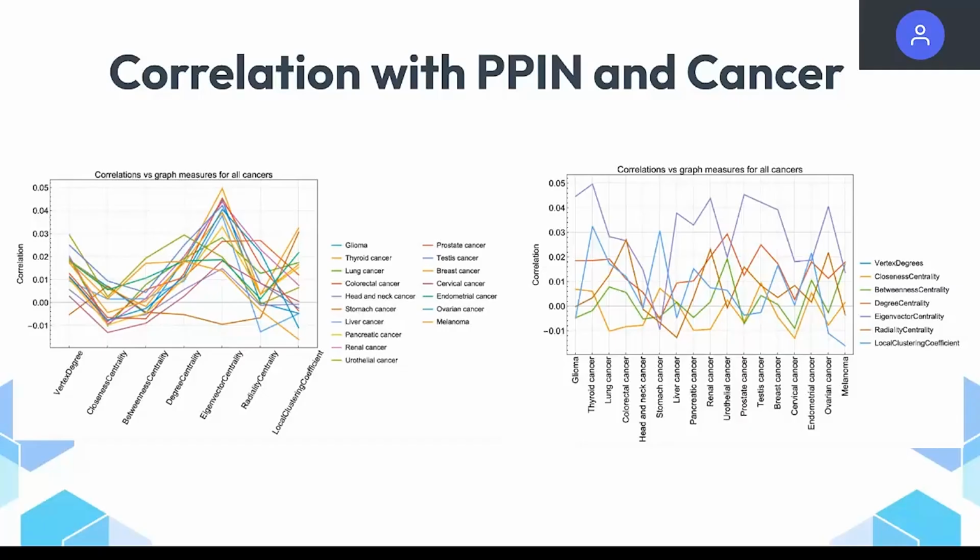Despite these observations, most correlations between the protein interaction measures and the gene expression p-values were weak or absent. As you can see, the highest is about 0.05, which is really low. This likely reflects the complexity of cancer biology, which involves multi-level regulation, including gene expression, epigenetics, and environmental influences.